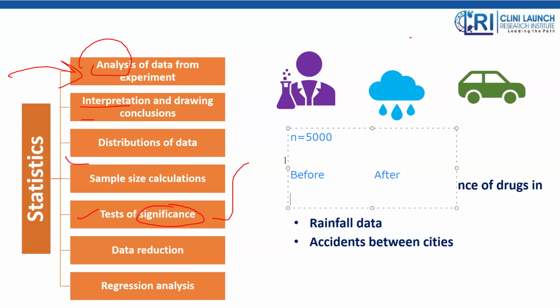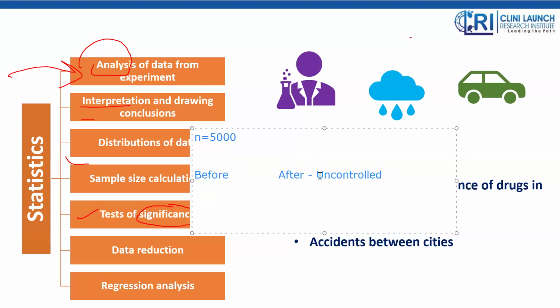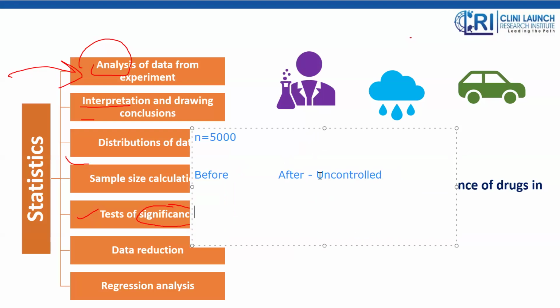I think you all have learned in the CR module, I told you a before and after type of trial is called an uncontrolled trial, where you don't have a control group. You just have an experimental group. So you are taking 5,000 people.